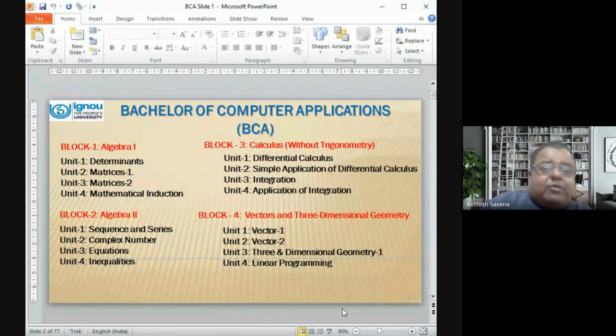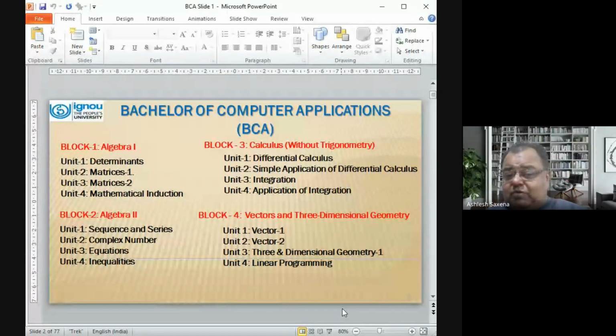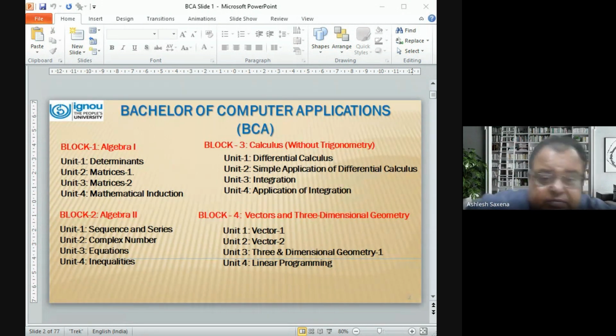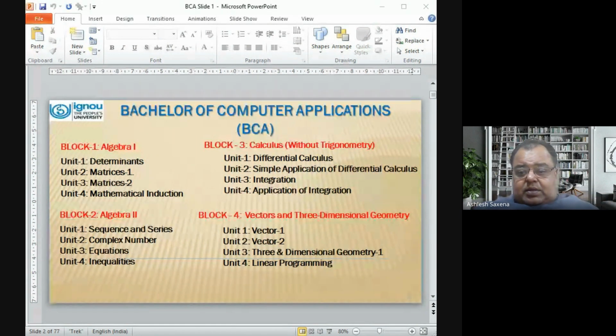Now, I'm not aware of how many of you have studied mathematics at your plus 2 level. Everybody has read it, or some of them have read it. Just let me know how many of you have studied mathematics at your plus 2.